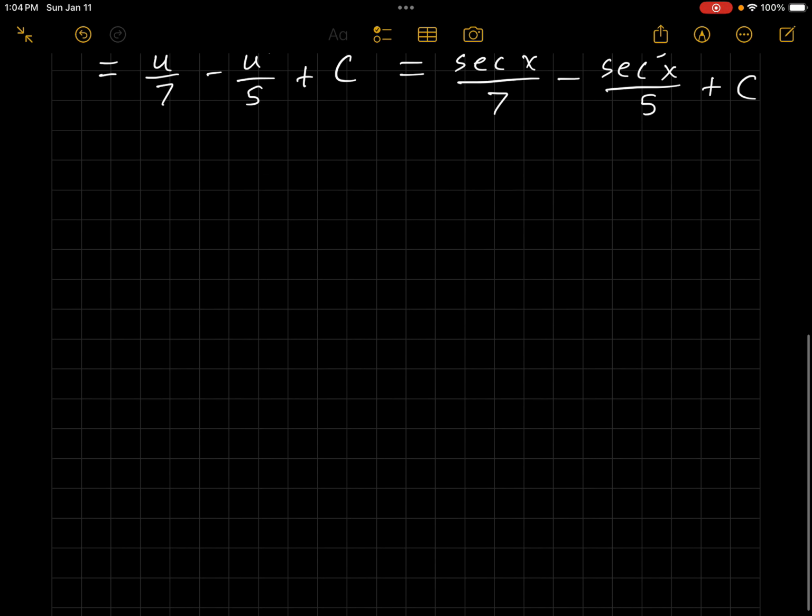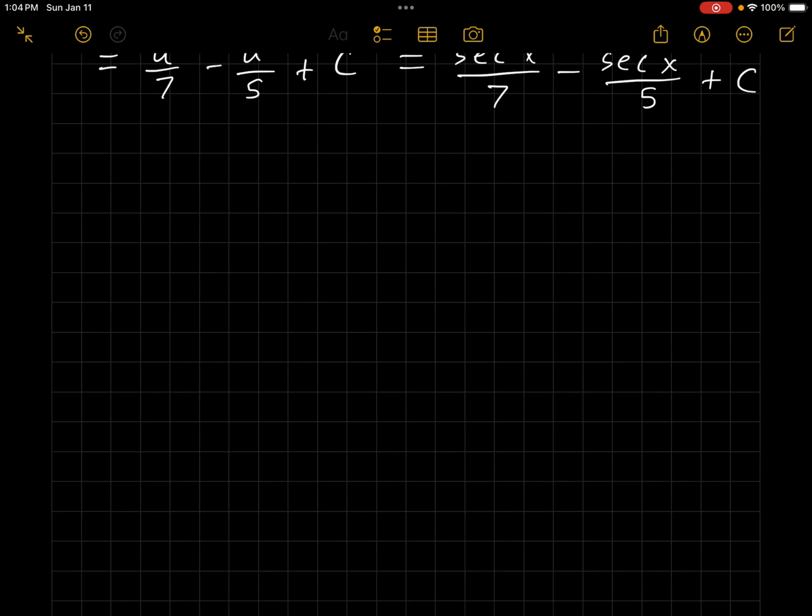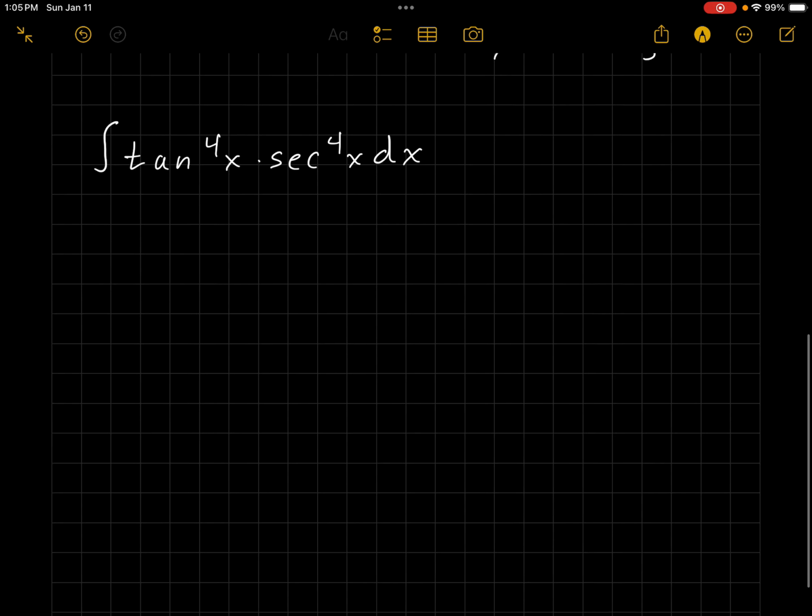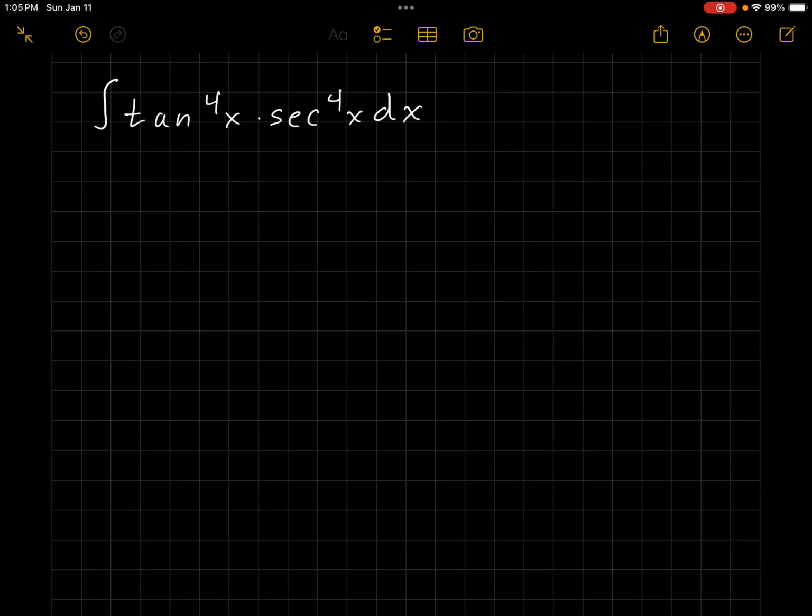What if both powers are even? An example would be tangent to the fourth of x times secant to the fourth of x. I would think u substitution again.